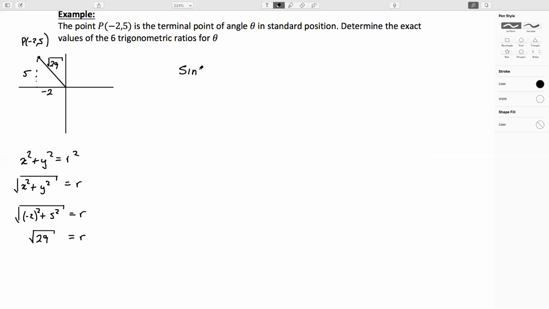Again, sine theta is y over r, which in this case is 5 over root 29. Cos theta is x over r, which is negative 2 over root 29.